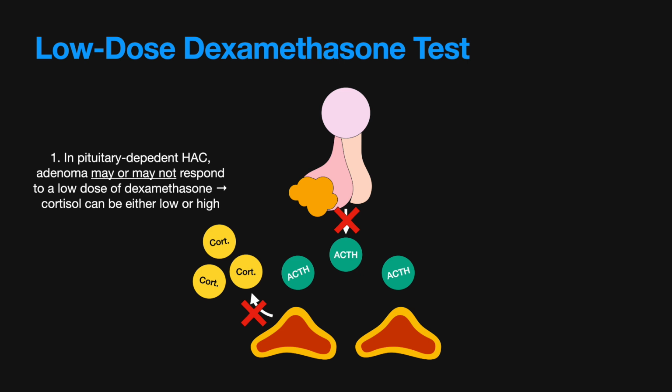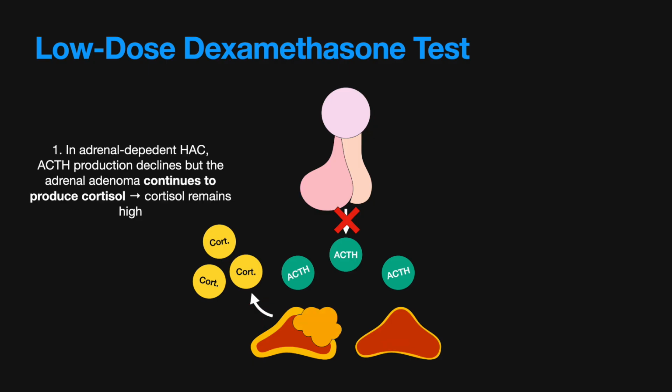Let's go into the last two parts of that table in a bit more detail. So for pituitary-dependent hyperadrenocorticism, the pituitary adenoma may or may not respond to the low dose of dexamethasone. If it does respond, then cortisol levels are going to go down because ACTH will not be released. If the adenoma does not respond to the dexamethasone, then ACTH will continue to be produced and cortisol levels may not drop at all.